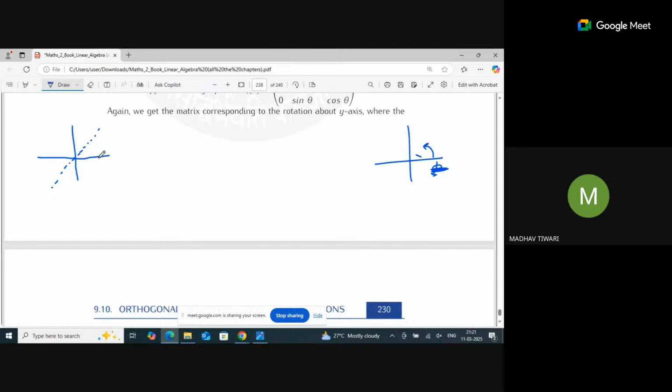But now suppose this is x, this is y and this is z. If I keep my x-axis fixed and rotate this plane, then only the y and z coordinates will change and everything else remains the same.